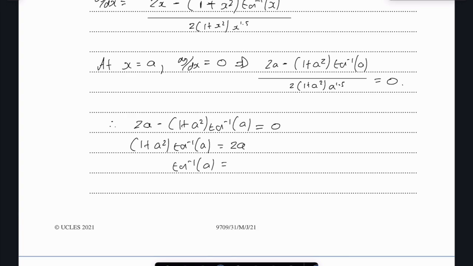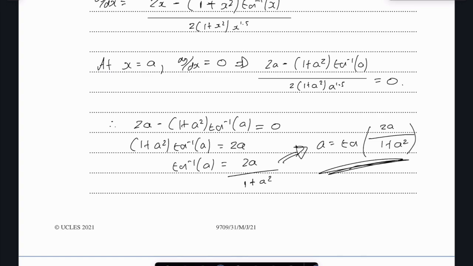Arctan a is equal to 2a over 1 plus a squared. Therefore, a is equal to tan of 2a over 1 plus a squared.